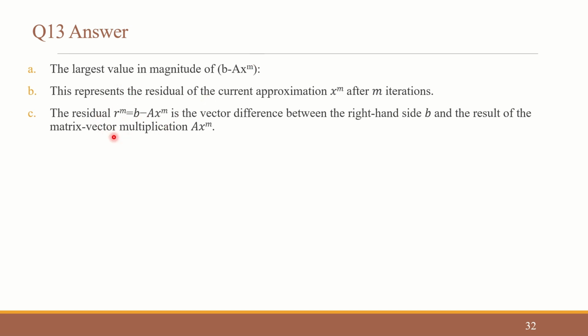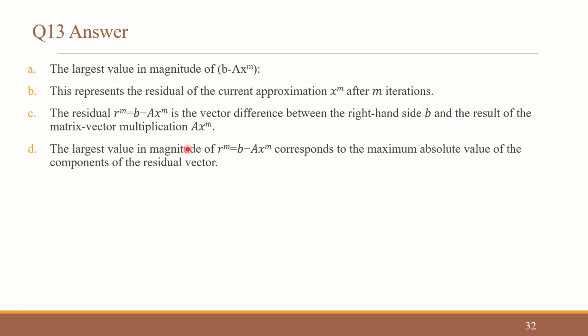Rm is the residual at the end of m iterations. It is the vector difference between the right-hand side B and the result of the matrix-vector multiplication Axm. So Axm will also give us a single column vector, and B is also a column vector. A is a matrix, x is the column vector.